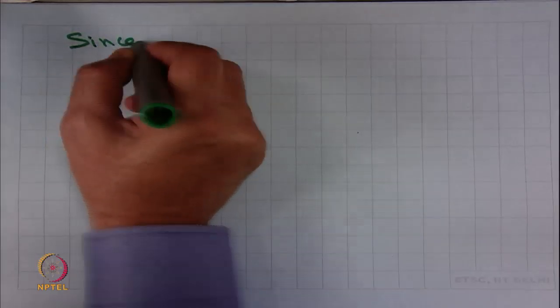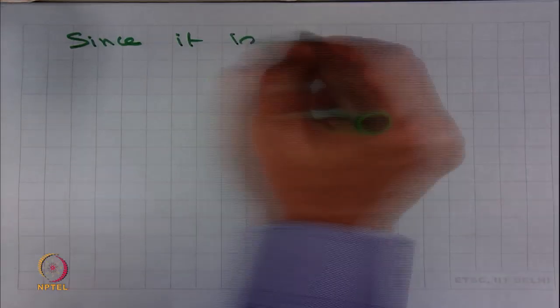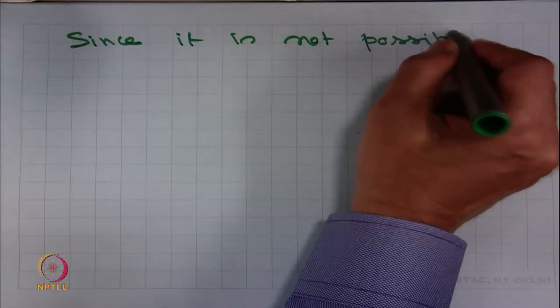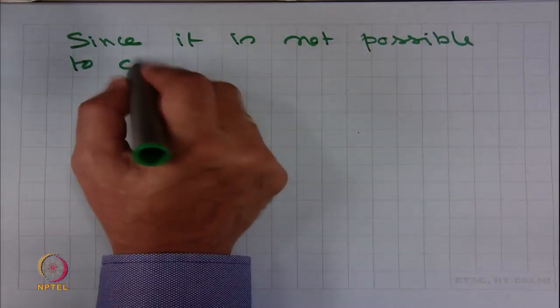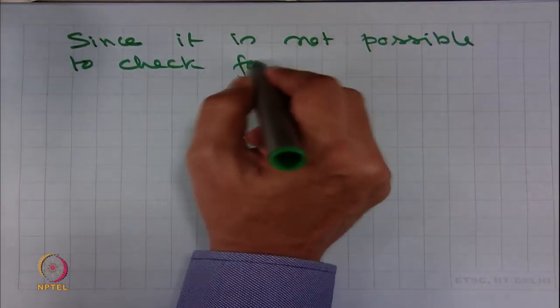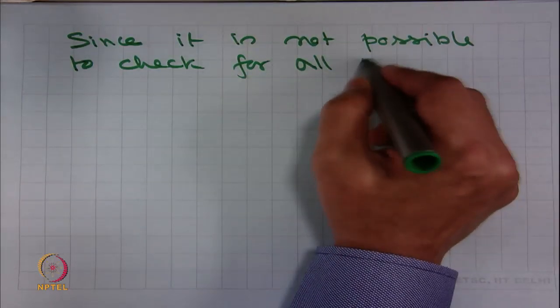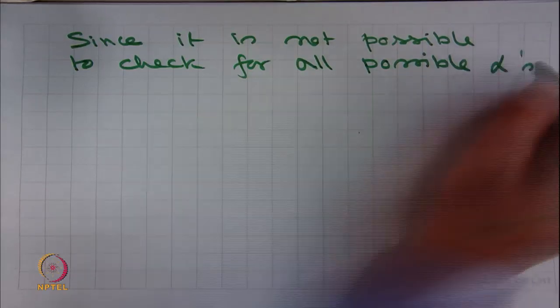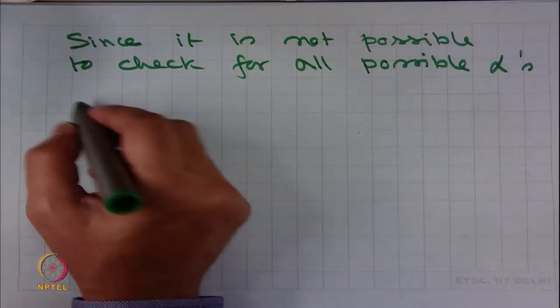Since it is not possible to check for all possible alphas, what do we do?